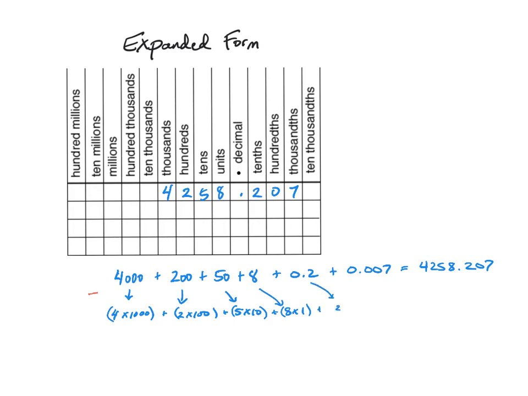This is 2 tenths. I'm going to write this using a fraction there. This is 7 thousandths. And altogether we get 4,258 and 207 thousandths. Obviously, this is not an efficient way of writing a number. This is why place value is so important.